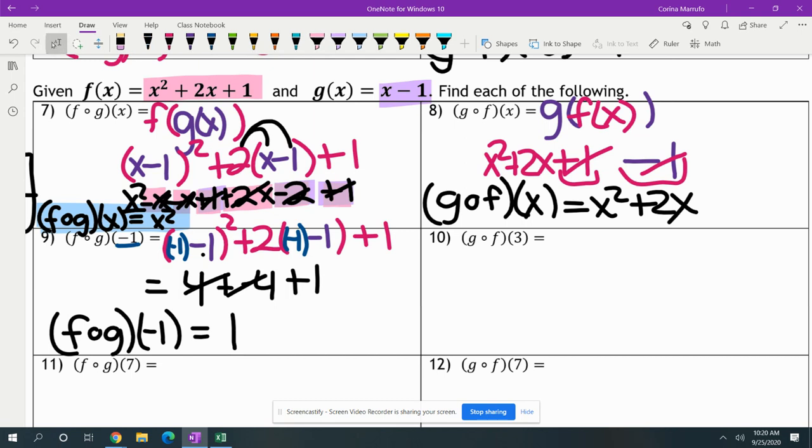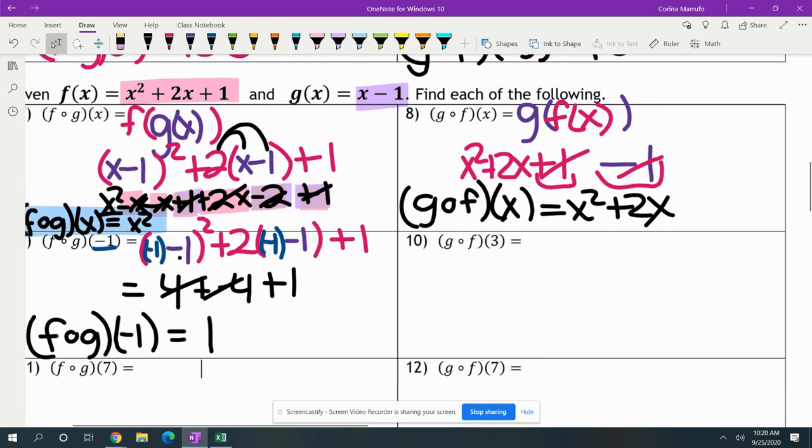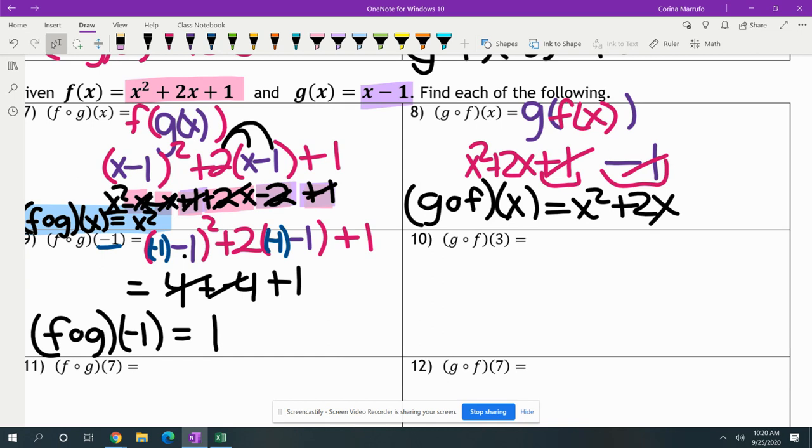All right, the next example. So we have G composite F of 3. So they want us to take the G function, which is x minus 1. So we're going to leave it as blank minus 1. And in that blank, they want us to plug in the F function, which is x squared plus 2 times x plus 1. Okay? And then they do not want us to put an x.